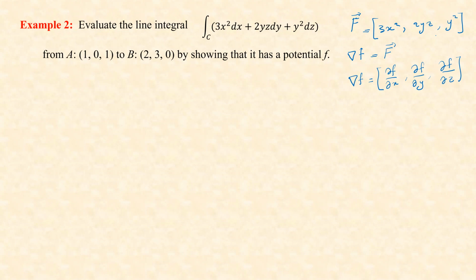X cubed, y squared z, and then y squared z. Y squared z and y, 2y squared z, you mean? No, it would just be y squared. When Y squared z, right? Yes. No, it's just, you need a scalar.